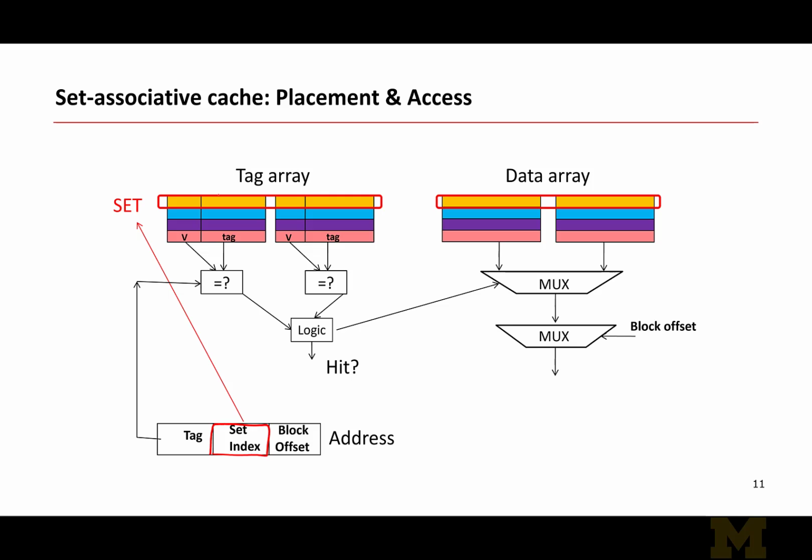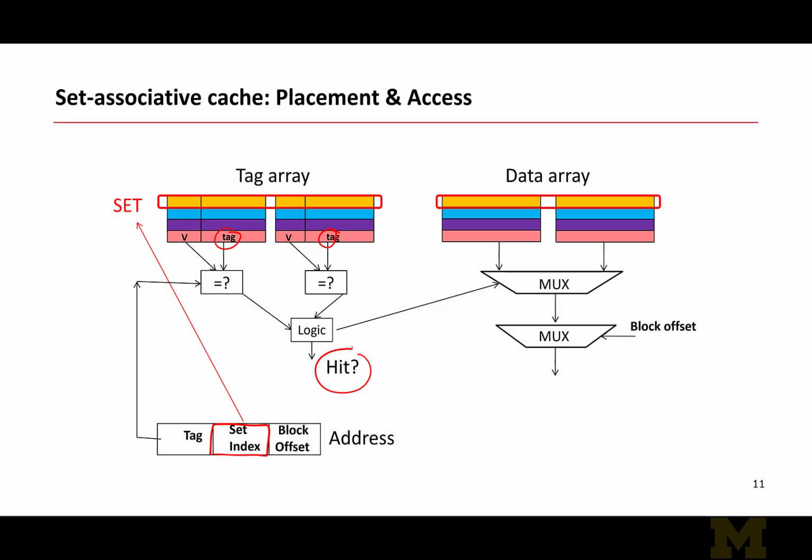And unlike in the direct mapped cache where I need to make only one comparison, here I need to make as many comparisons as there are ways. So in this example, I have two ways, so I need to compare the given tag to the tags stored in both of the ways. And if any one of them matches, then I can declare a hit.